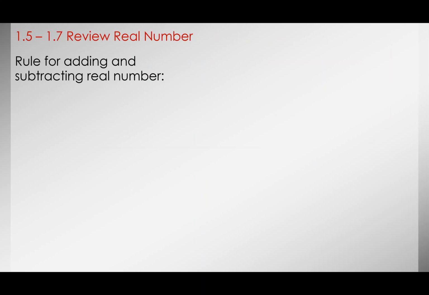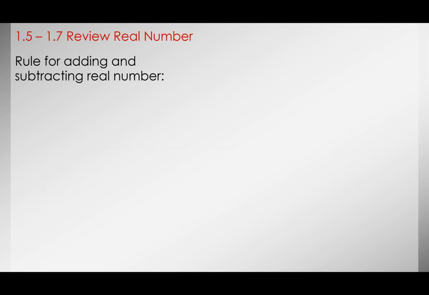So let's take a look at 1.5, 1.6, and 1.7. 1.5 all the way to 1.7 tells you that whatever you just learned about order of operations, now we will do that with real numbers. For me, there is a rule for adding real numbers.